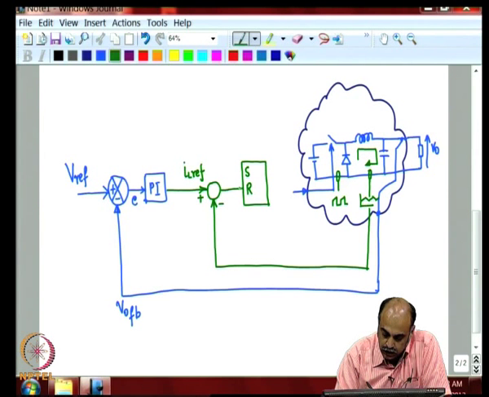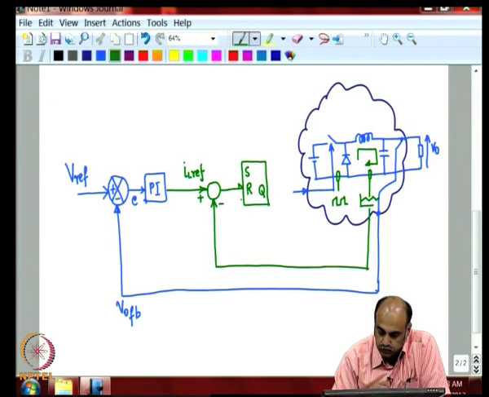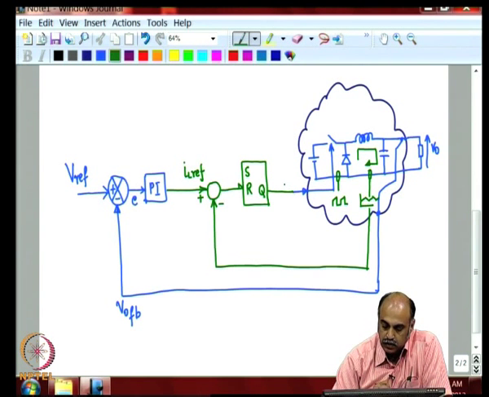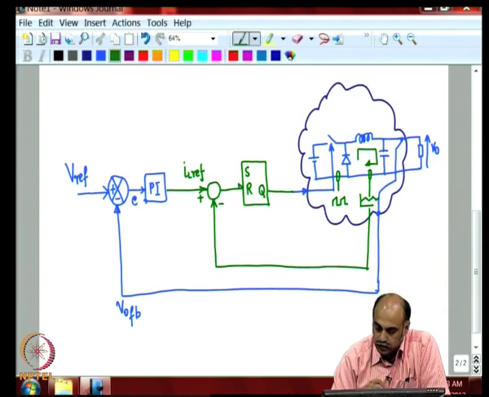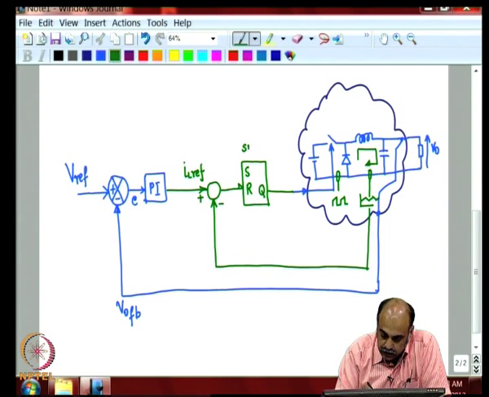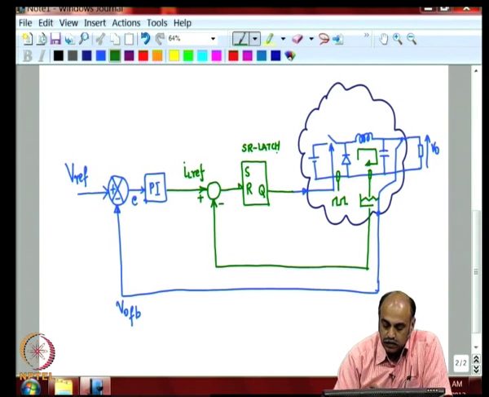Okay. Now, let us say we have Q, and the output of that goes to your drive circuit to drive the switch. Now, this is an SR latch. Now, what do you give to the set?